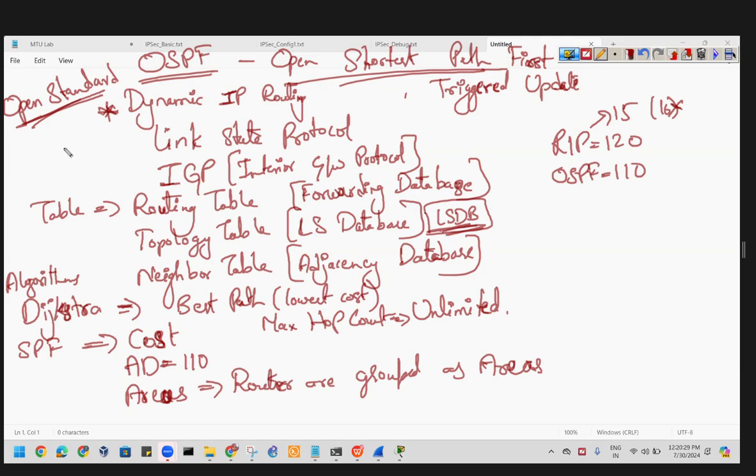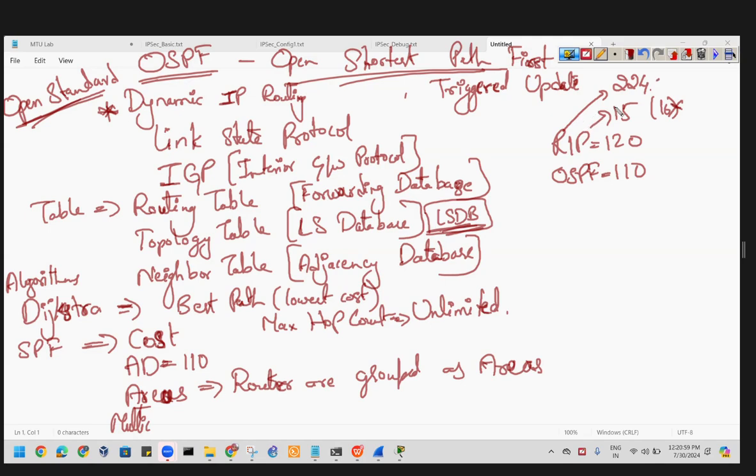What else? It uses multicast addressing. What are the multicast addresses used by OSPF? What is the RIP multicast address? Monica, what is the multicast address used by RIP?